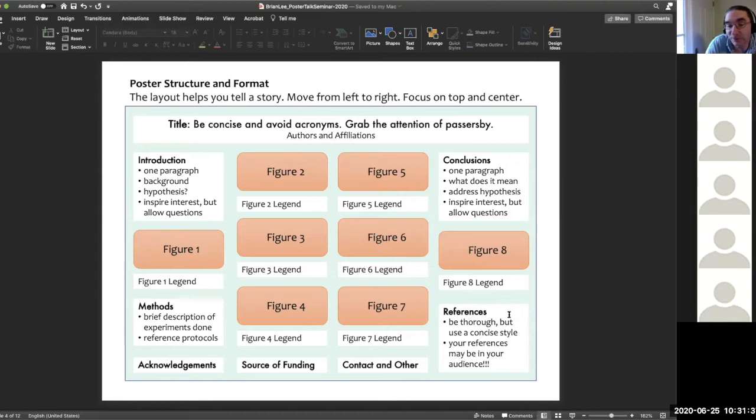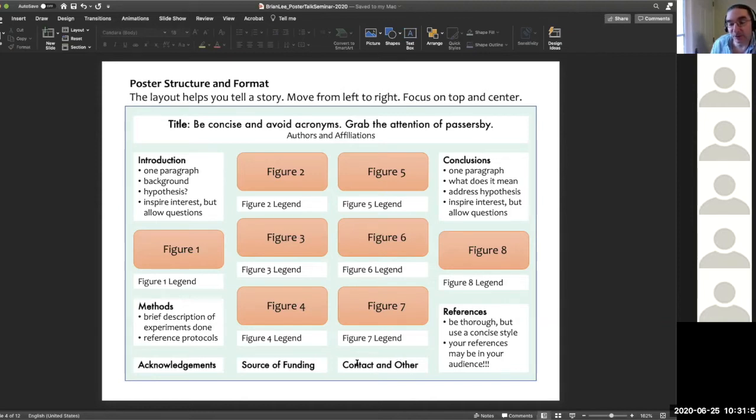You've looked at my work, and you're giving credit for the work that I did that you're relying on for your research. So it's important to have references.